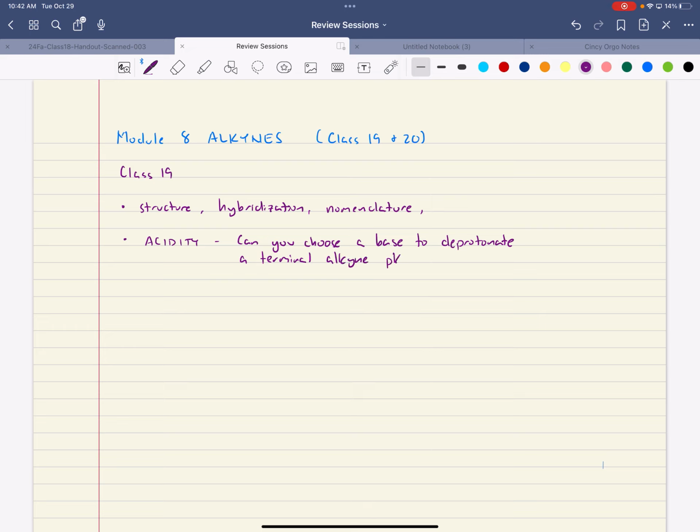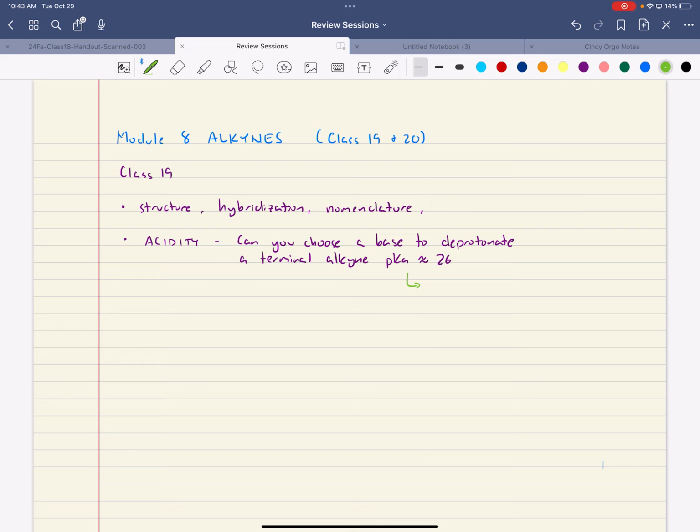The pKa for a terminal alkyne is around 26. It's a little bit subtle. What that means is the conjugate acid of the base has to be weaker because you want to favor the weaker acid, or this equilibrium favors the weaker acid.